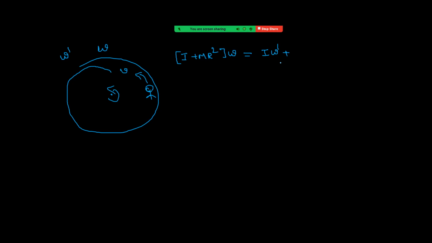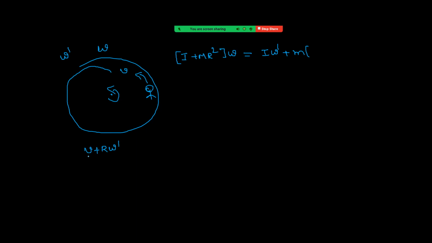Now focus on the boy. Given v is the velocity with respect to the platform, that means in the ground frame his velocity will be v plus r omega dash. Right?